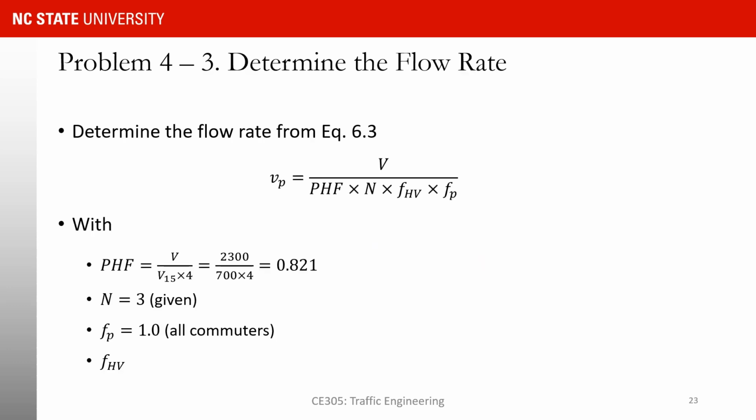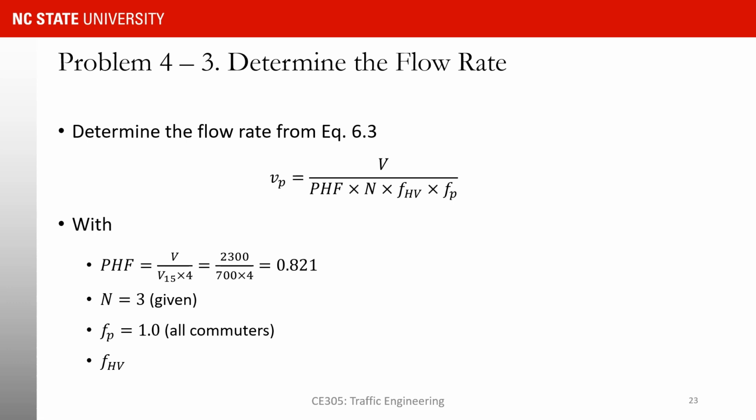Now we want to determine the flow rate, or V sub P. The equation is V over peak hour factor over number of lanes over heavy vehicle factor over driver population factor. So PHF, we know that it is equal to V divided by the maximum 15-minute volume into 4.